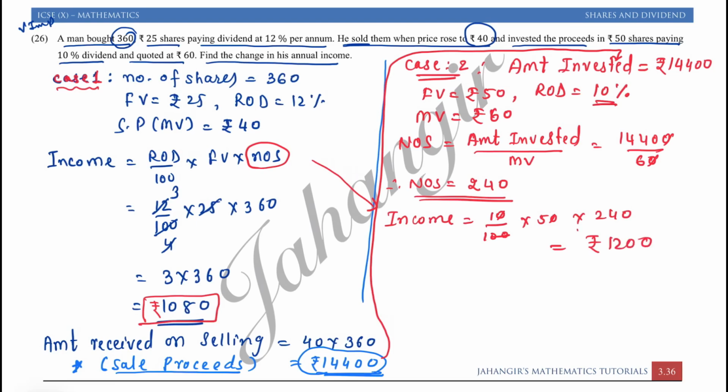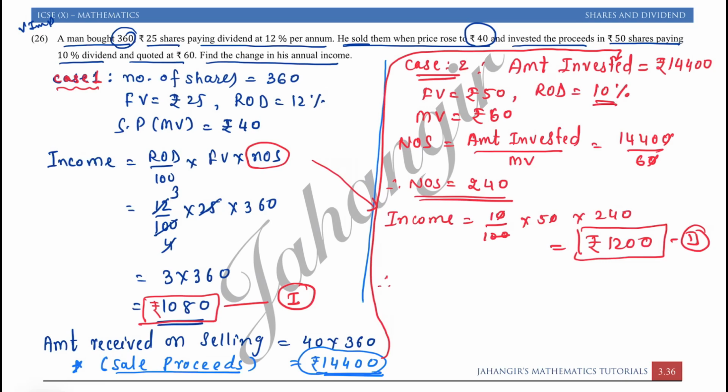So the income in the first case was 1080, and this is the income in the second case, 1200. So what change are we getting? Change can be that income increases, decreases, or remains the same. You have to mention what type of change we are getting.